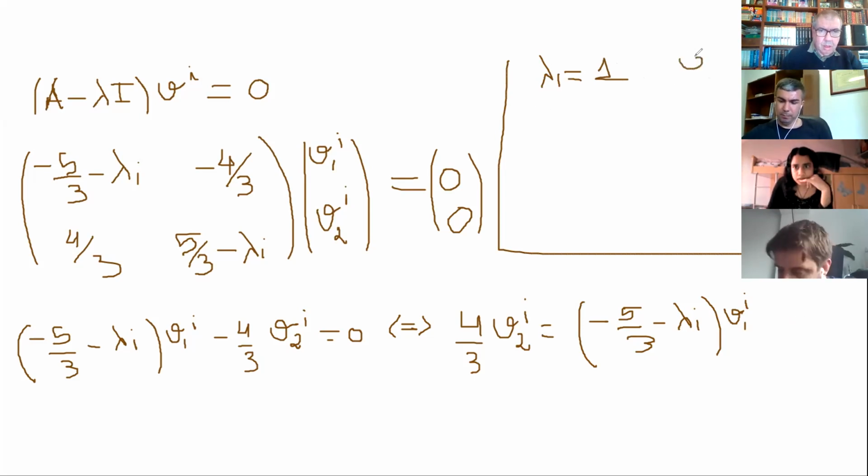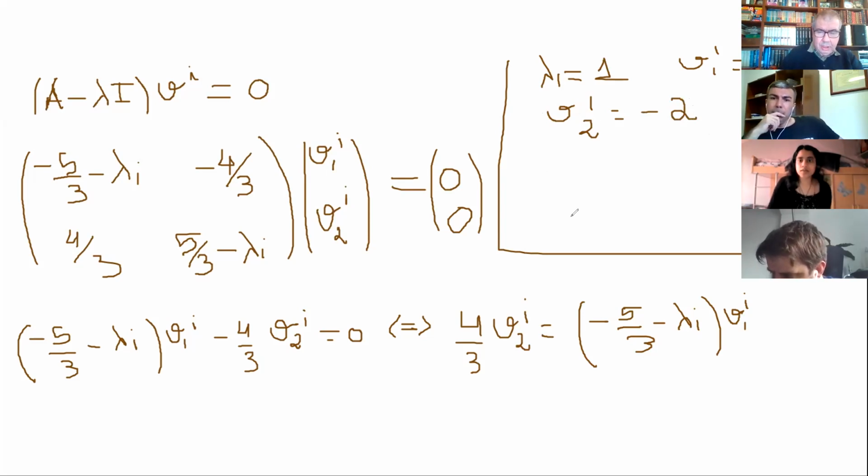If we set v1 equal to 1, 2, 1 is equal to... I don't know if I computed it correctly, but it gave me minus 2.